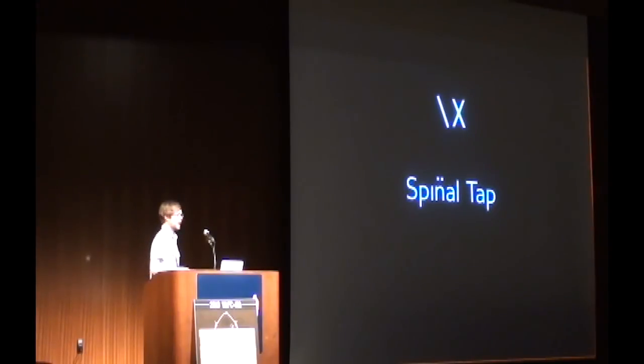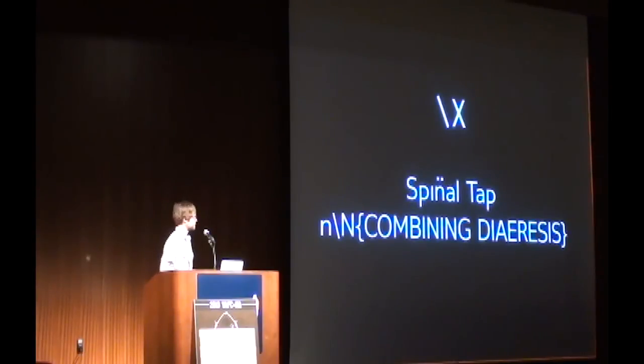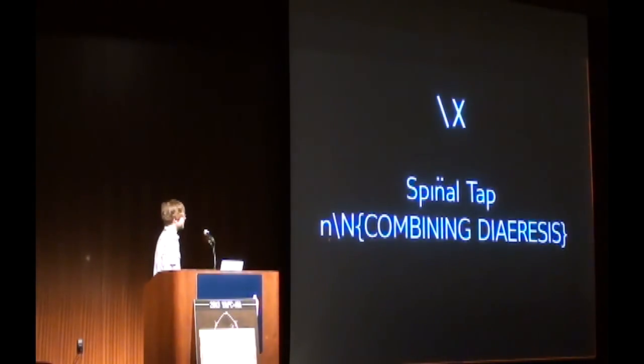And unfortunately, the Unicode Consortium didn't take Spinal Tap into mind when defining code points. So there's no single code point for Latin letter N with combining diaeresis. In order to represent this, you have to have Latin letter N followed by combining diaeresis.